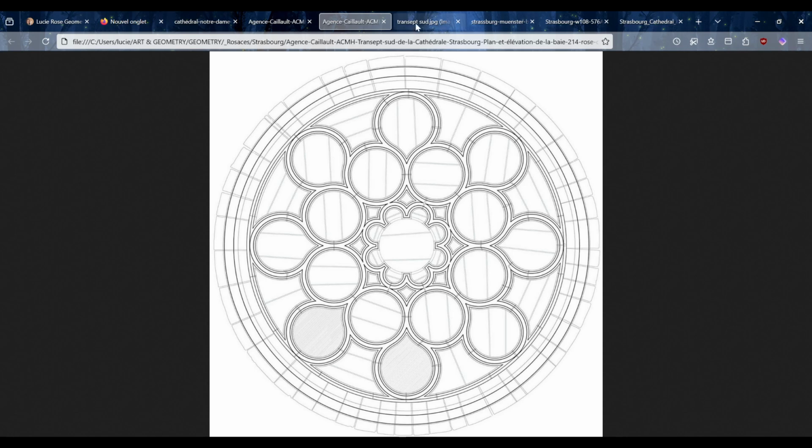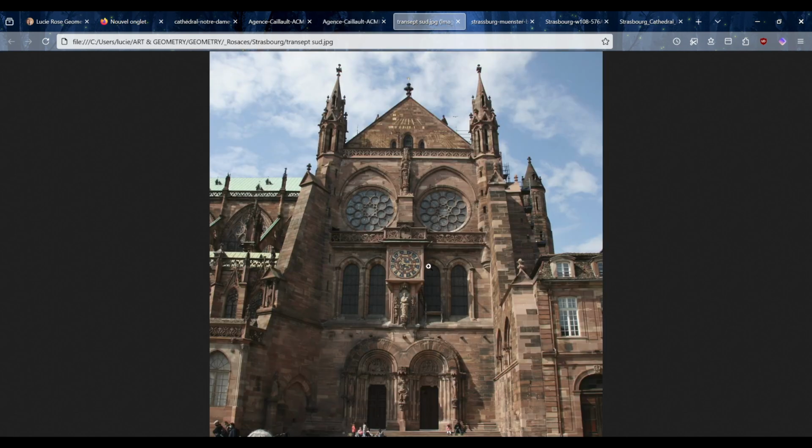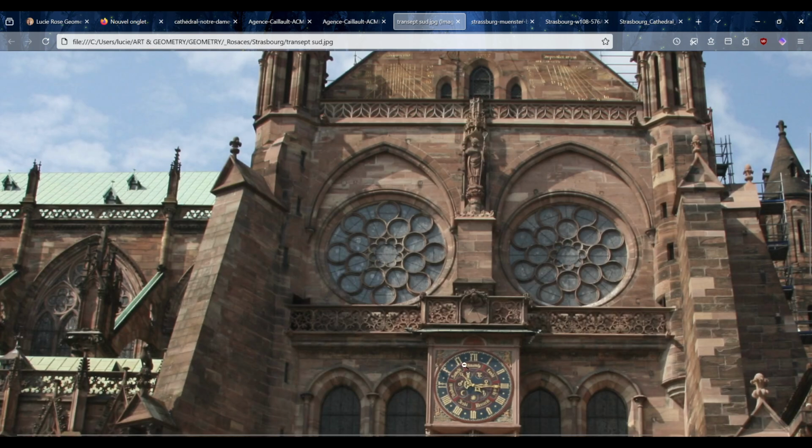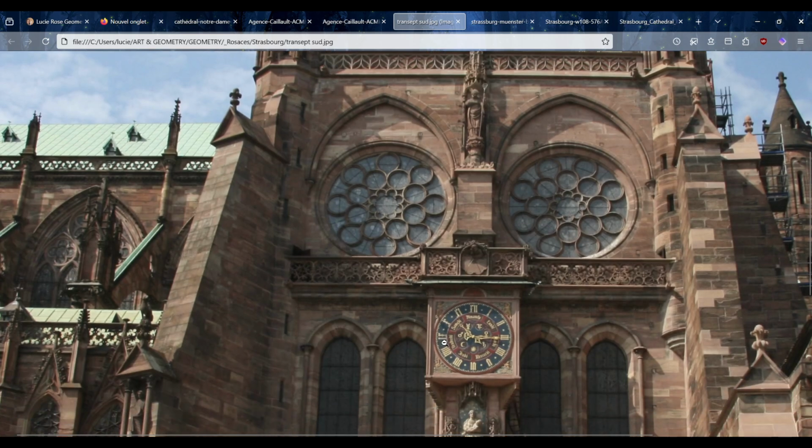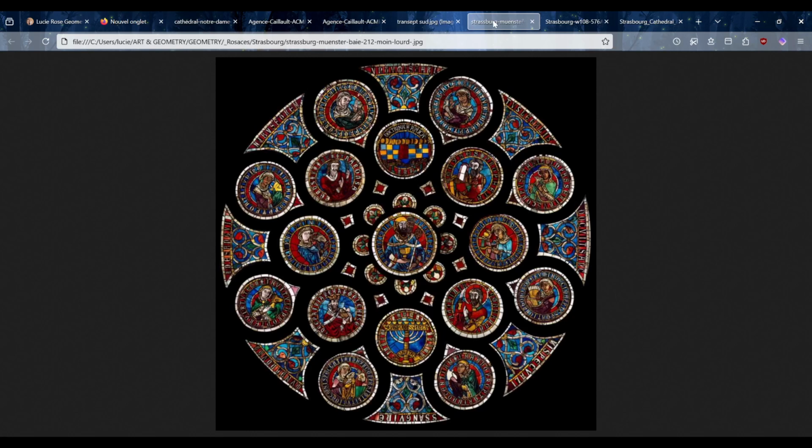Right, so that's where it's coming from. This is one of my own pictures from when I was in Strasbourg. There's a beautiful clock under it, and the stained glass. I never really know what's going on with the stained glass because I'm not very good with Christian imagery and stories, but there are people and some writing, and I think it's nice how they've used this kind of weird shape.